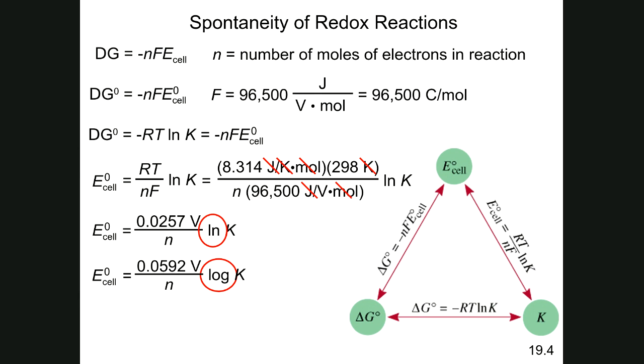mention one more time what you need to calculate delta G. You need the value for N, you have the value for F because it's constant, and you can calculate the E cell.